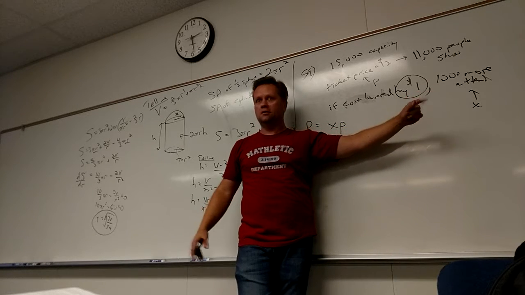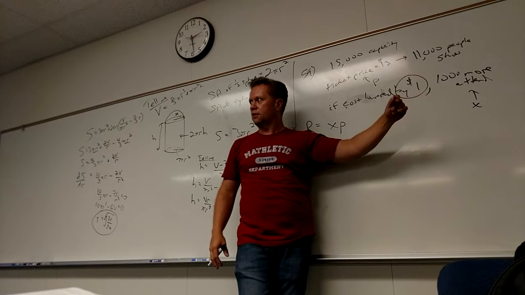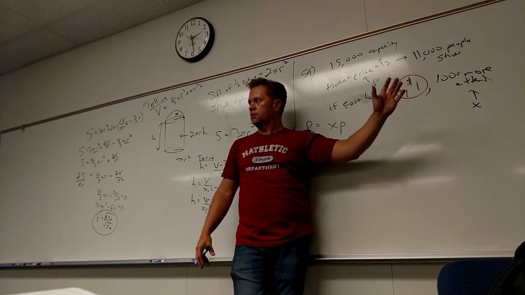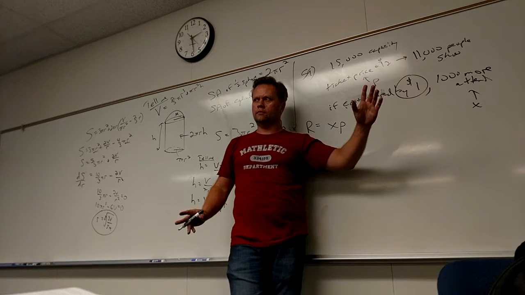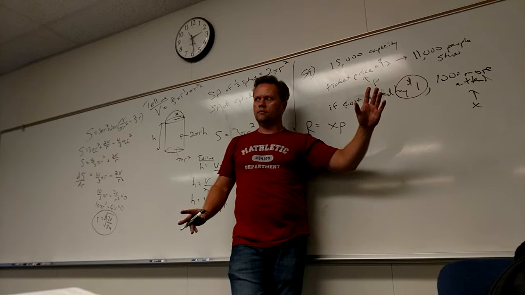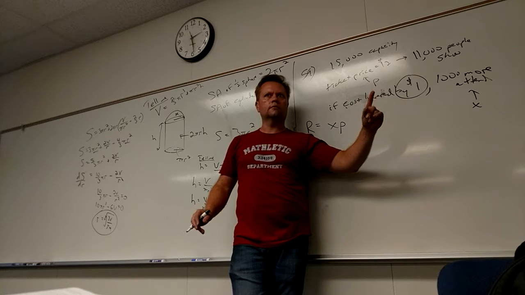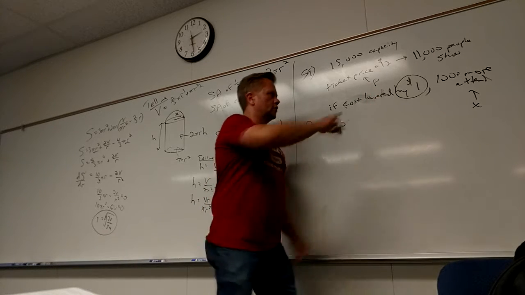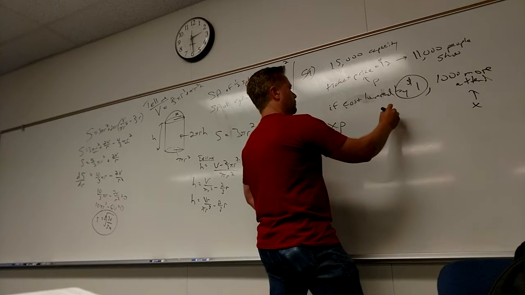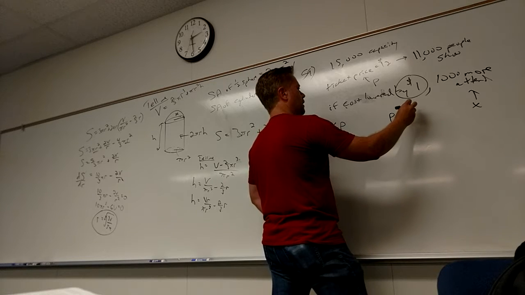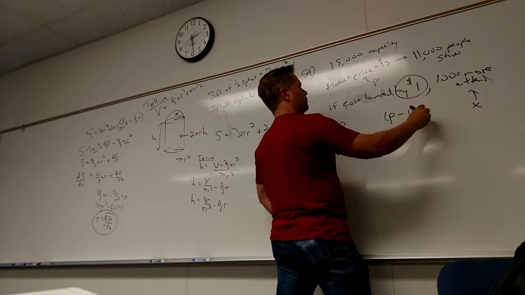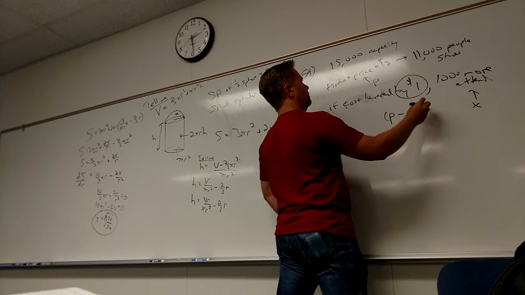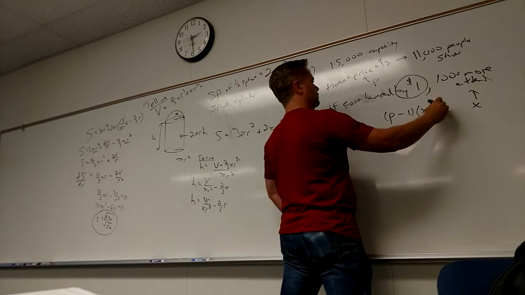Is that the way this works? You guys kind of with me? A little bit. So let's just see. If my price was lowered by $1, then my attendance would go up by 1,000, right? Then it would be times X plus 1,000.